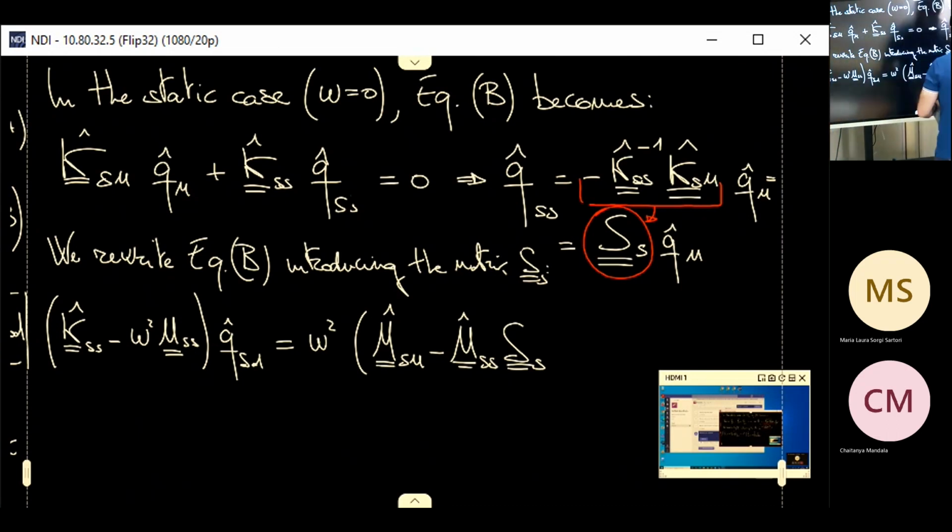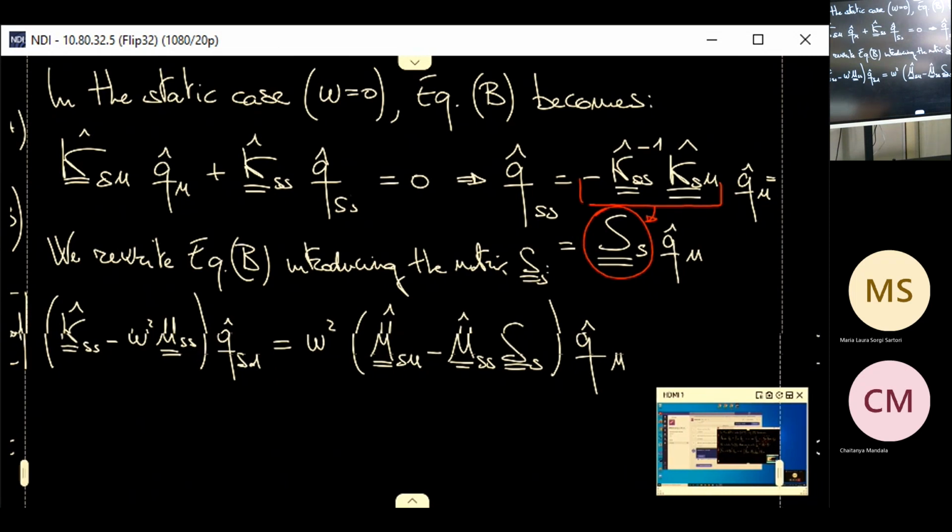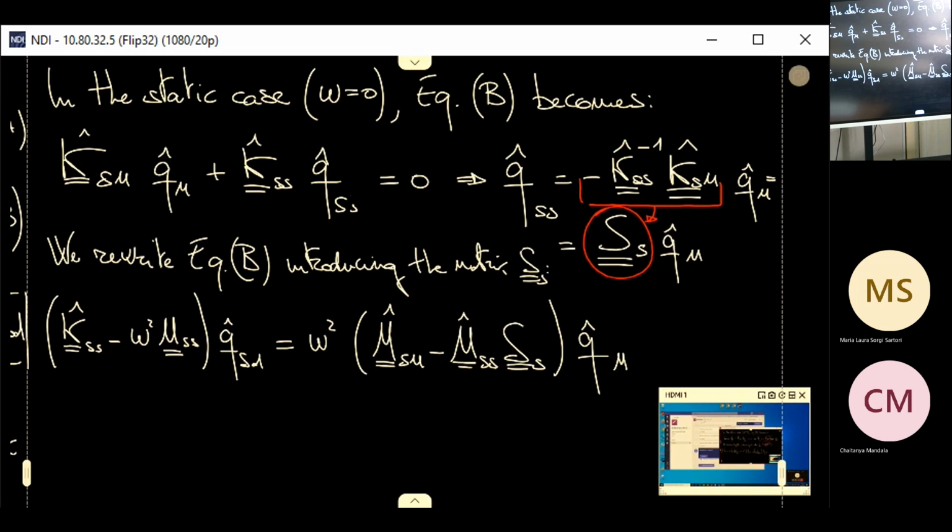Okay, all of this being multiplied by QM. You see what I got here? I've got a relationship between the dynamic part of the slave vector and the master vector. Okay, so this is the second part that I missed.